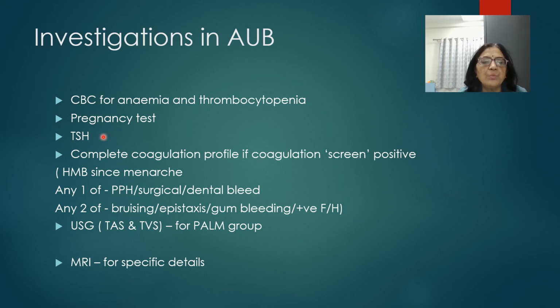TSH needs to be done, as both hypo and hyperthyroidism are associated with abnormal uterine bleeding. Complete coagulation profile will be indicated, as we have seen in the last class, if the coagulation screen is positive.